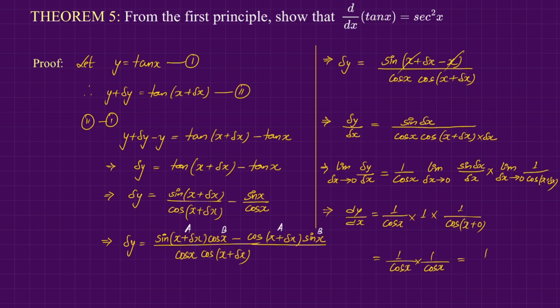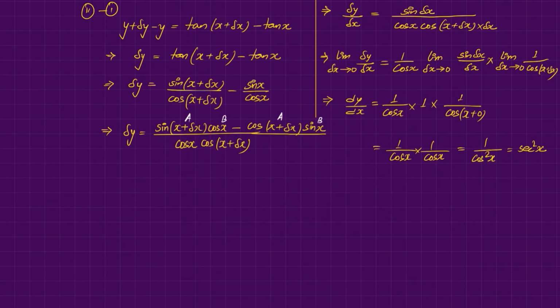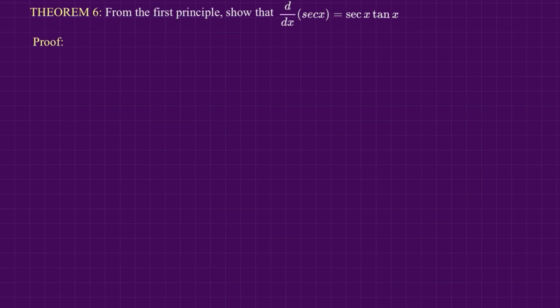So it will be 1 by cos square x, and since cos x is the reciprocal of sec x, it will be sec square x. Hence d/dx of tan x equals sec square x, and that is the proof for this theorem. Next we have to show that d/dx of sec x equals sec x into tan x.